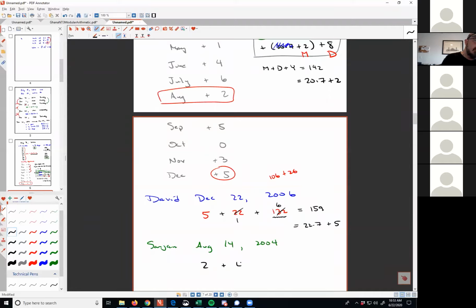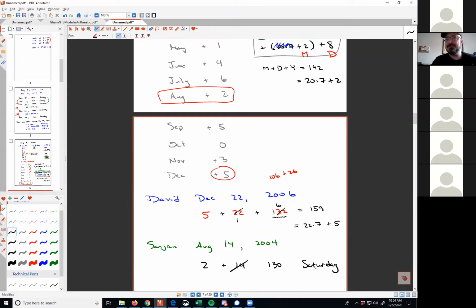The day value is 14, which is a multiple of 7, so we don't even need to worry about it. It's going to have a remainder of 0. And then 2004, we've got 104 plus 26, which is 130 is the year value. And 132 is 6 more than a multiple of 7. So you were born on a Saturday.